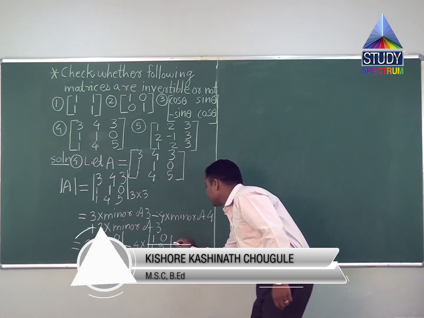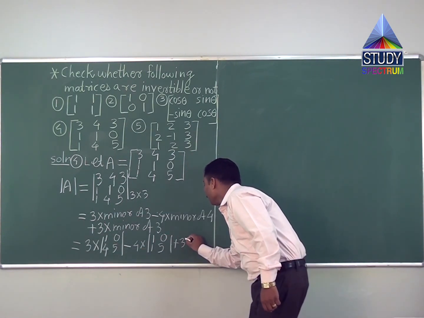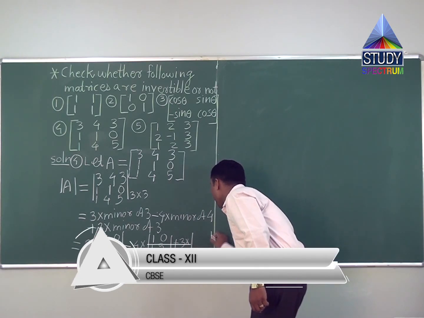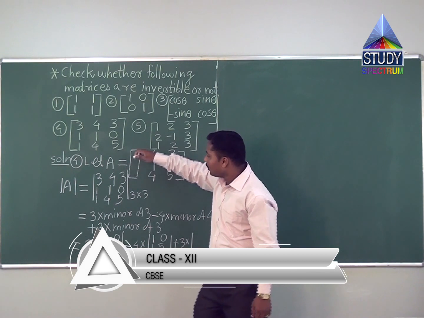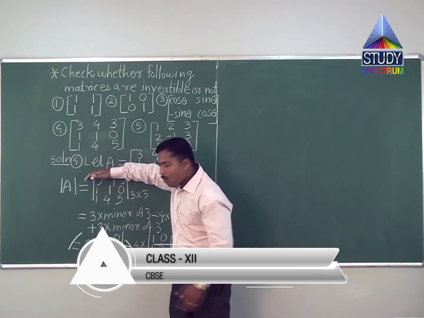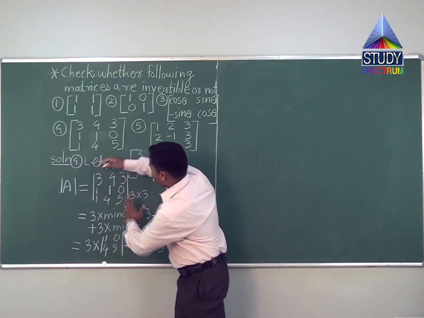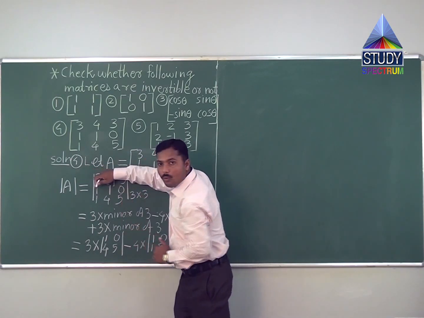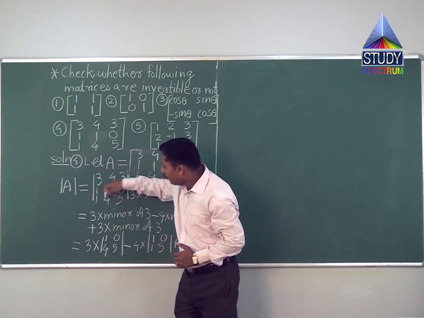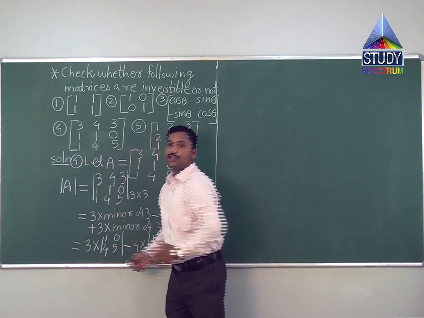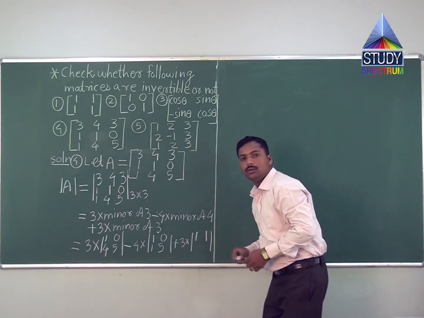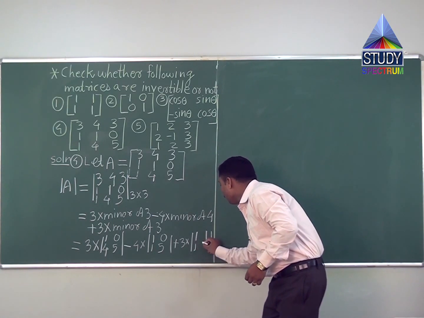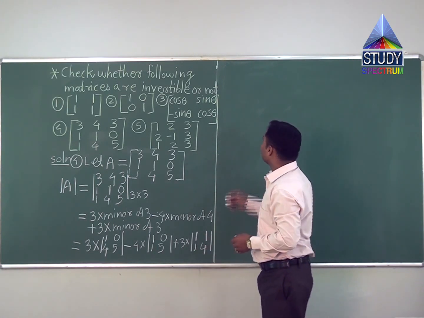Again plus 3 into the minor of 3, this is the last number, and delete the row and column passing through this number. So what remains? 1 1 1 4. So take the determinant of these remaining 4 numbers.